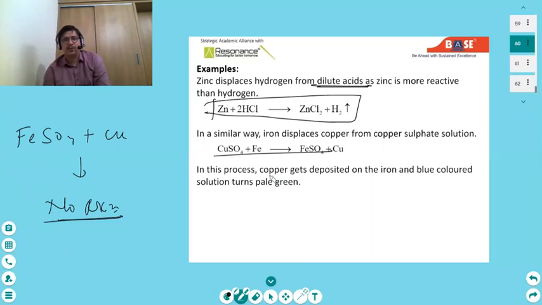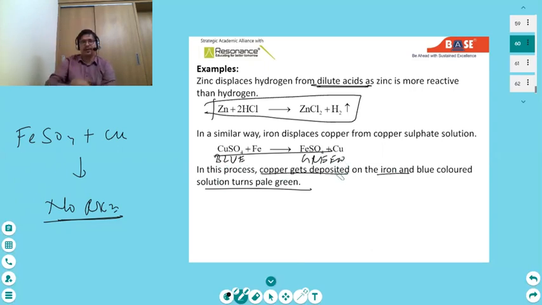So in this process, copper gets deposited on the iron and the blue colored solution turns pale green. Copper sulfate is a blue colored solution, blue vitriol, with 5H2O, and this is green vitriol with 7H2O. So the blue color comes down and the green color increases. So this is your displacement reaction, which you know.